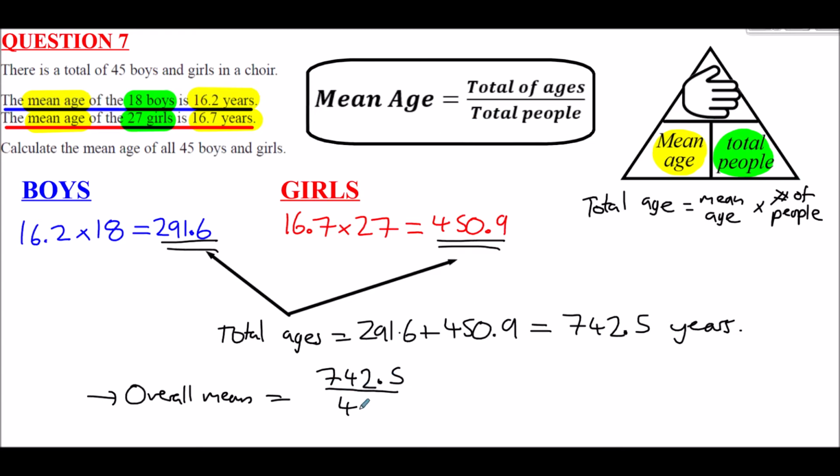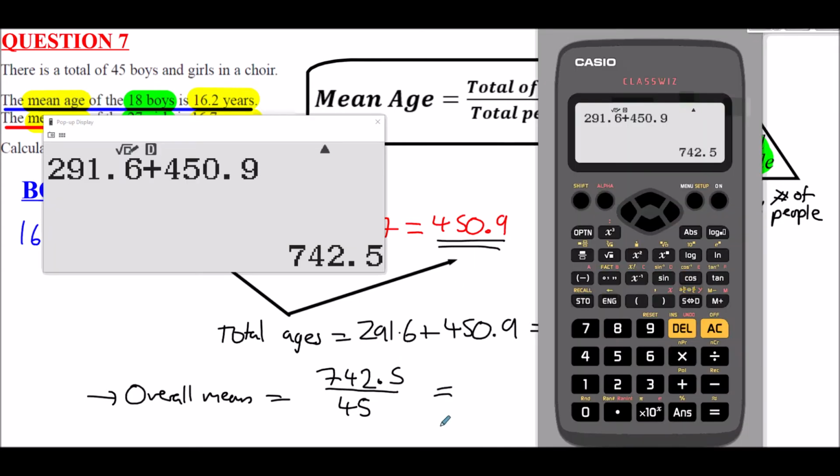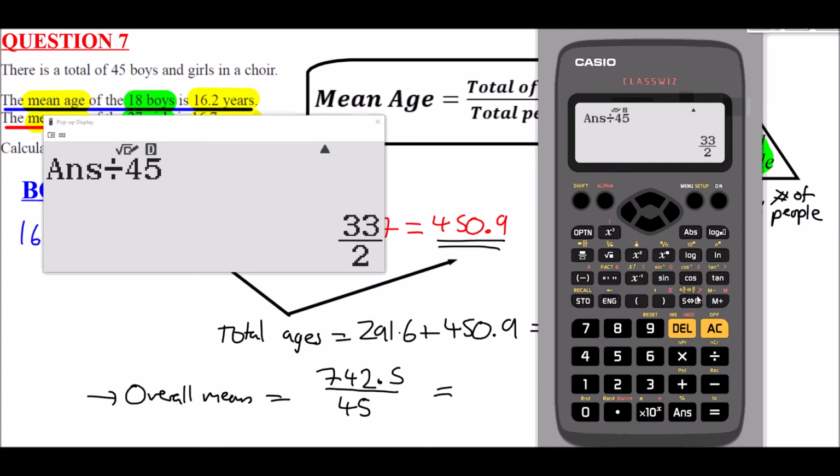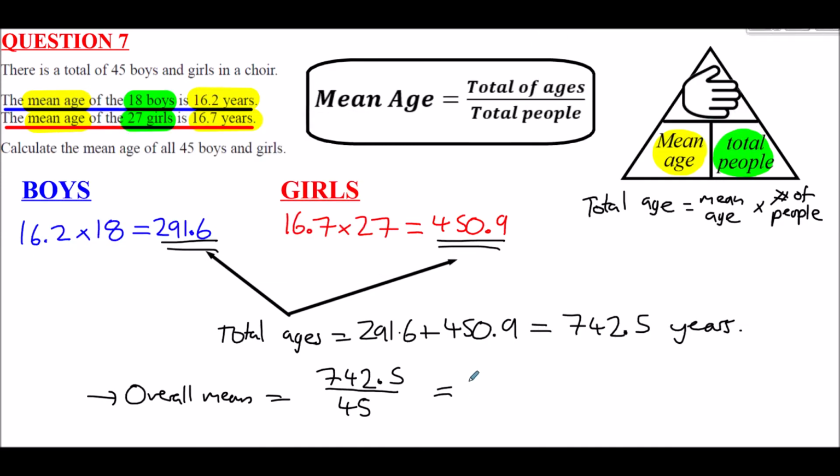So final calculation, we've got 742.5 there, we divide that by 45, press equals, 16.5 exactly. So the overall mean age is 16.5 years, 16.5.